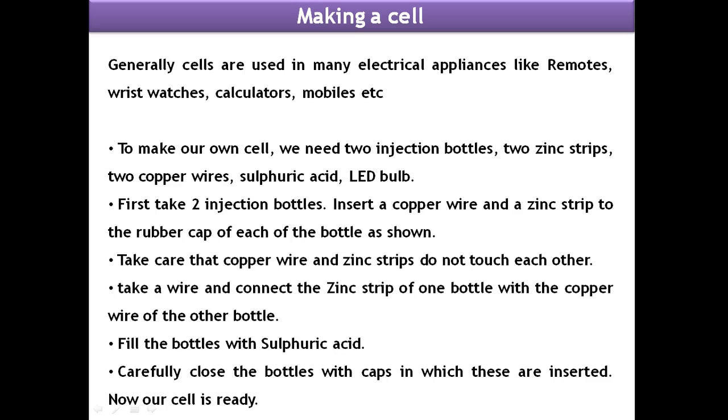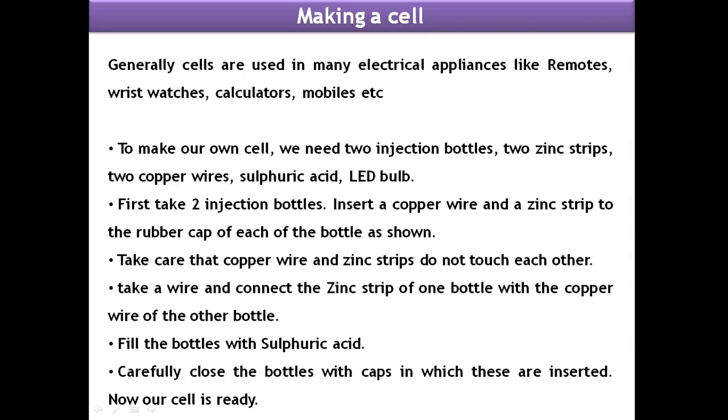Generally, we use cells or batteries in many electric appliances like remotes, wristwatches, calculators, mobiles, computers, etc. The single unit is called a cell and a group of cells connected together is called a battery. To make our own cell, we need 2 injection bottles with rubber caps and 2 zinc strips. To get the zinc strips, we have to cut open a consumed cell or battery.